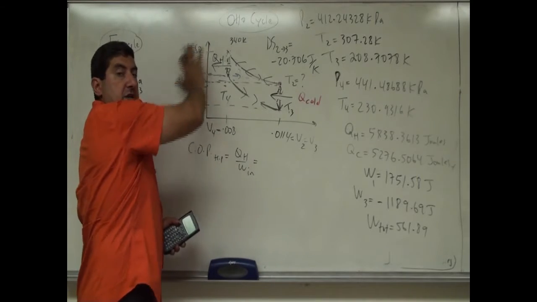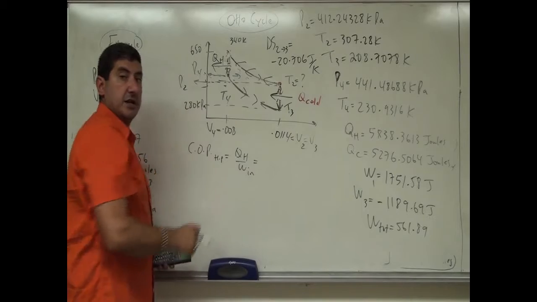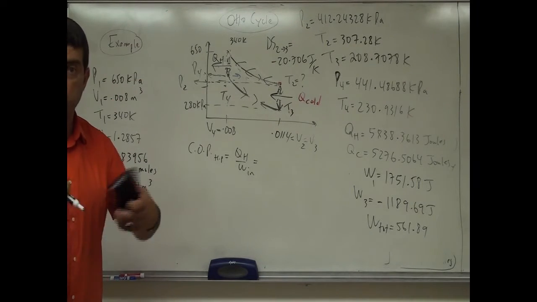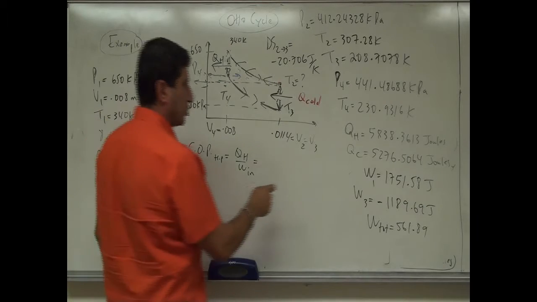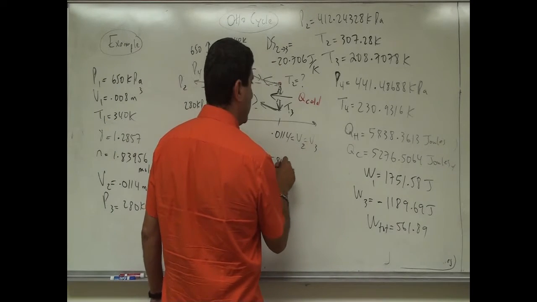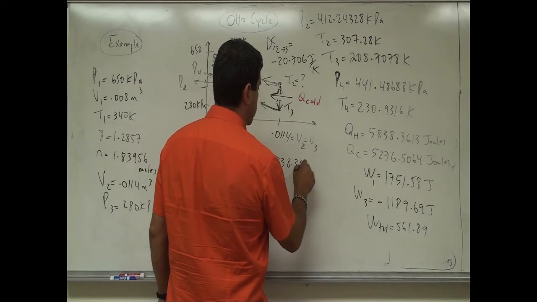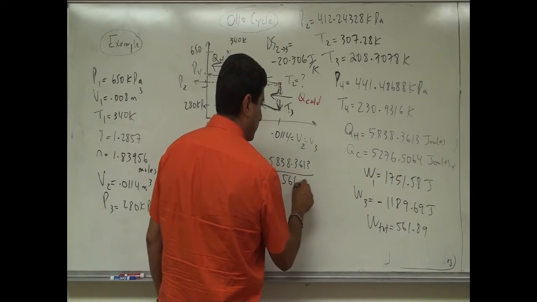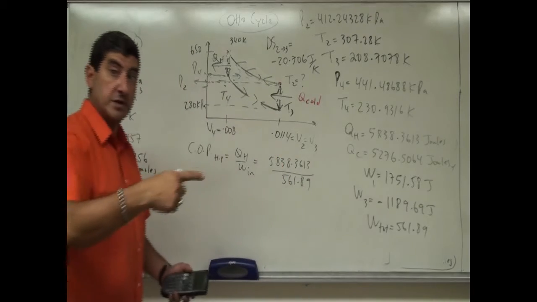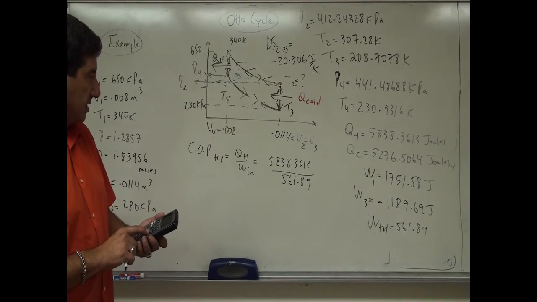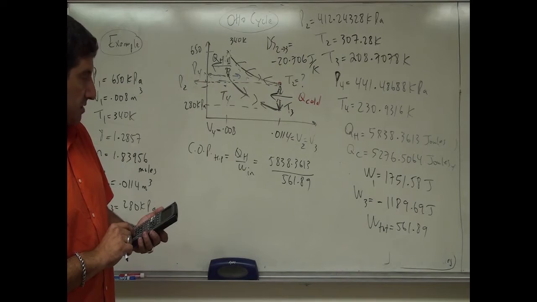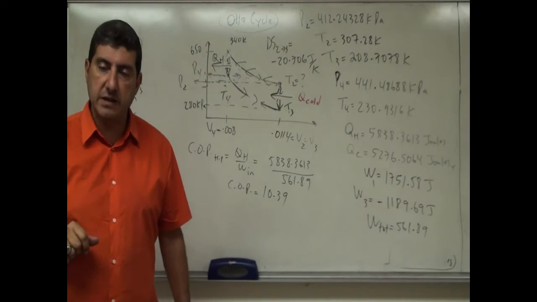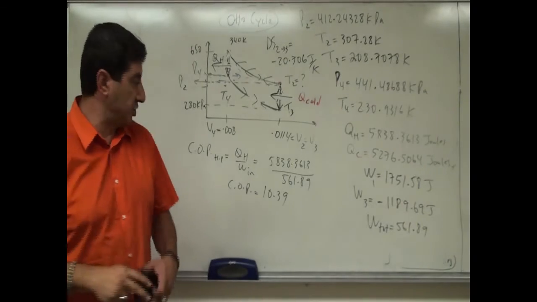So QH would be a measure of how many joules of heat we would dump to the room. Imagine this is your room. And so we divide how much heat we dump into the room by how much work it took us to perform that task. So QH is going to be 5838.3613 divided by the total work that is required to perform that job. If you think about it, that's actually just the exact inverse of the efficiency of an engine.